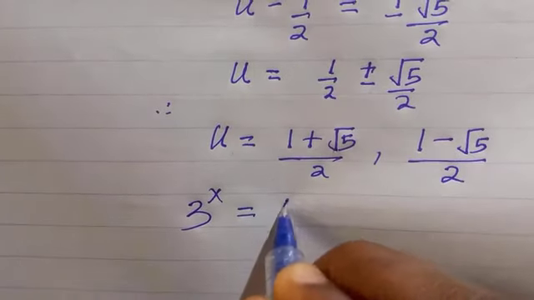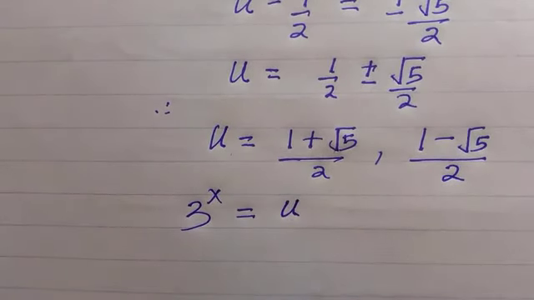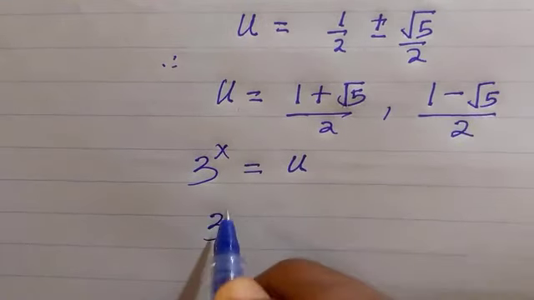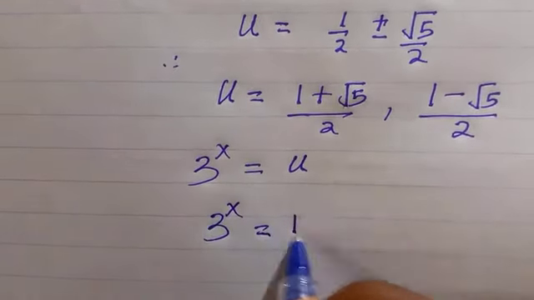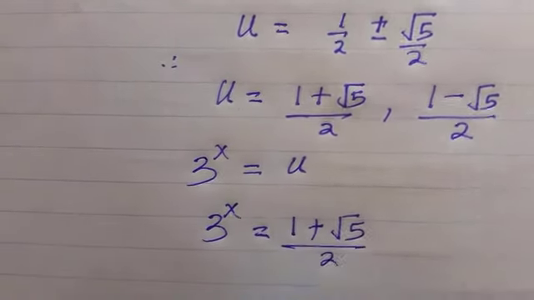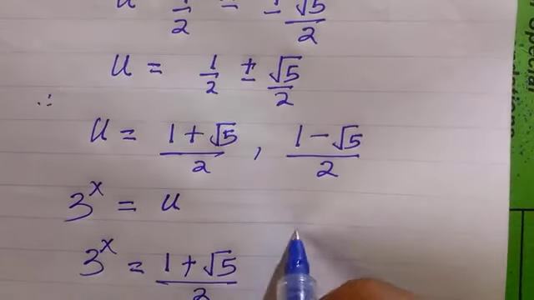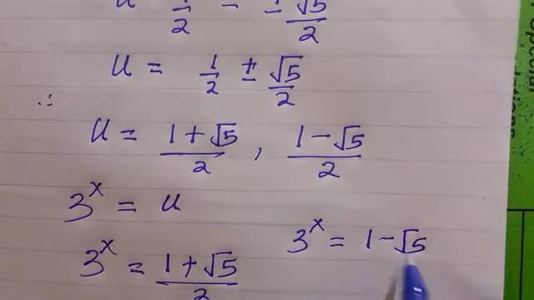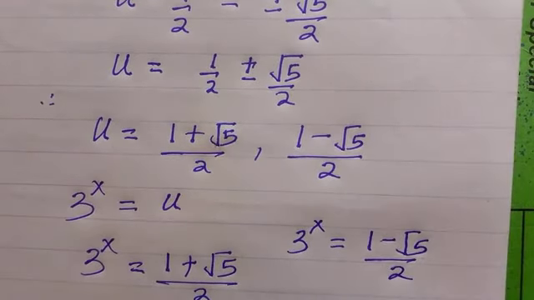So when we recall it, we let 3 to the power x equals 1 plus root 5 divided by 2, or 3 to the power x equals 1 minus root 5 divided by 2.